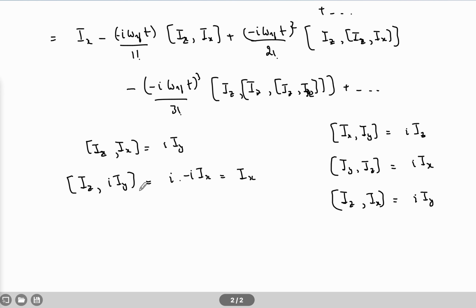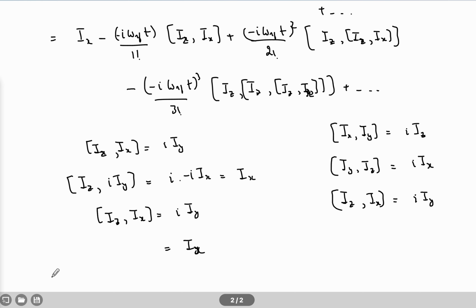If this is Ix, then the third term will be [Iz, Ix], which is nothing but the first term, i Iy. Then the fourth term will again be Ix. I am alternating between Iy and Ix. So the single commutator is i Iy, the double commutator is Ix, the triple commutator is i Iy, the fourth commutator is Ix again, and it will keep on going.